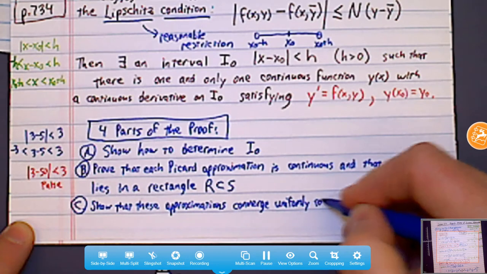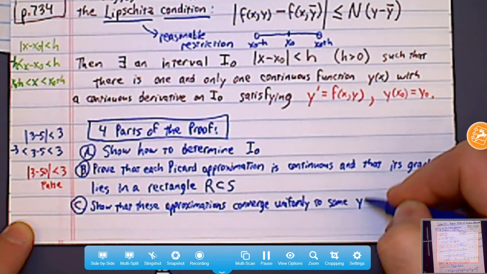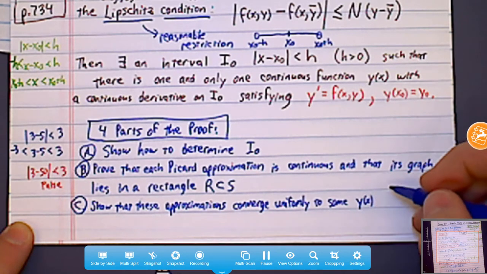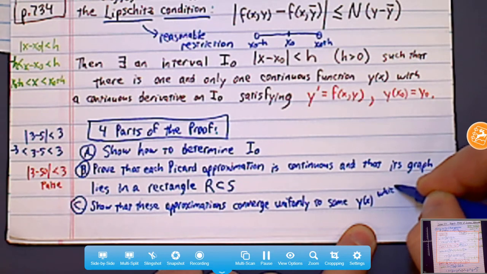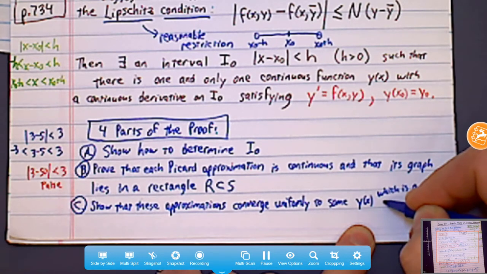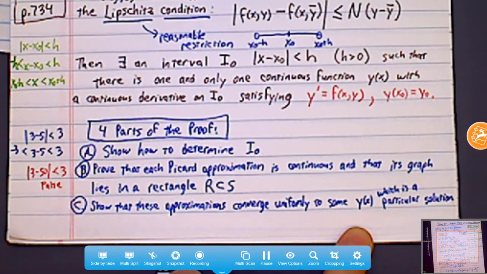Uniformly to some Y of X which is a particular solution. So we're going to show that. We'll show the Picard approximations converge uniformly to something which is the particular solution.